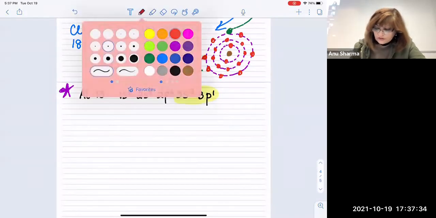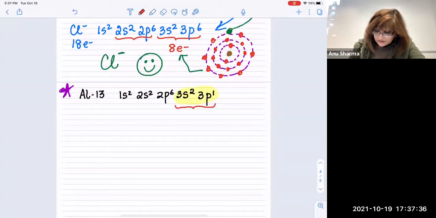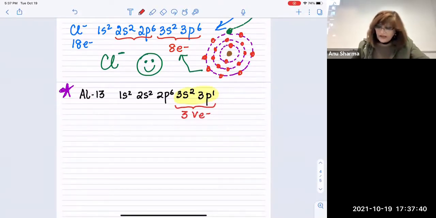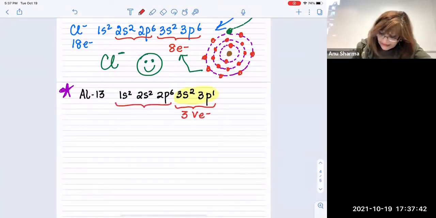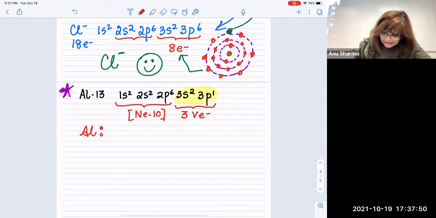So valence electrons are 3. These are the 3 valence electrons. Now look at the inner core, 10 electrons, that of neon 10. So we see that aluminum's 3 valence electrons are here. That's the Lewis structure.